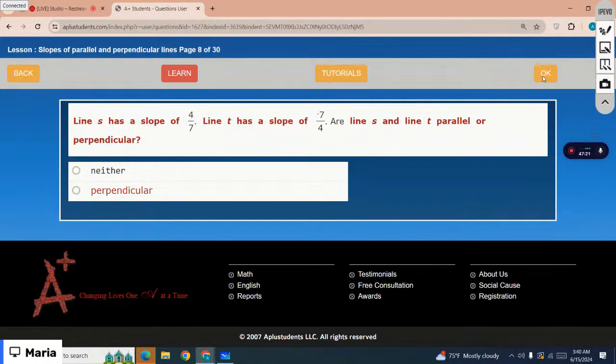Line S has a slope of 4 by 7. Line T has a slope of negative 7 over 4. Are the lines parallel or perpendicular? So which is the correct option?